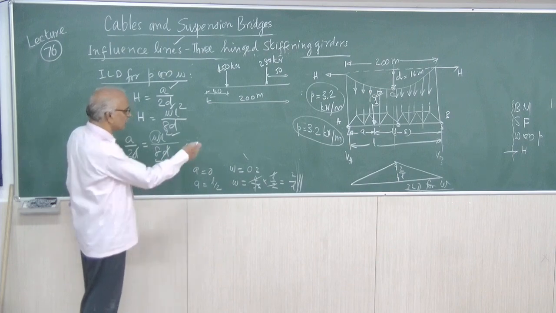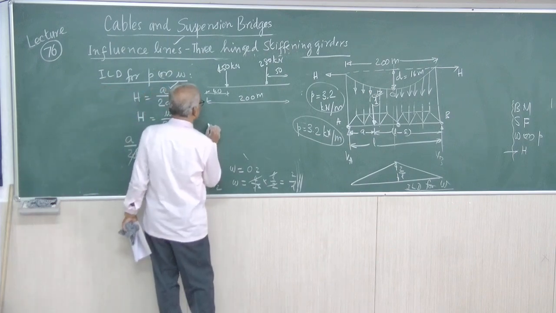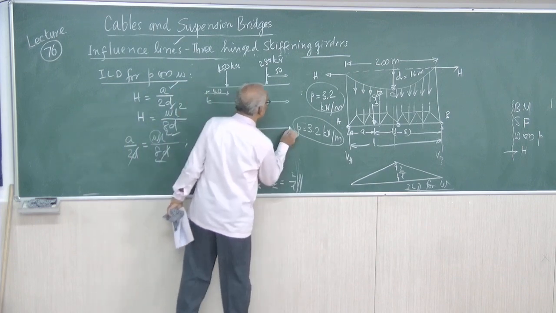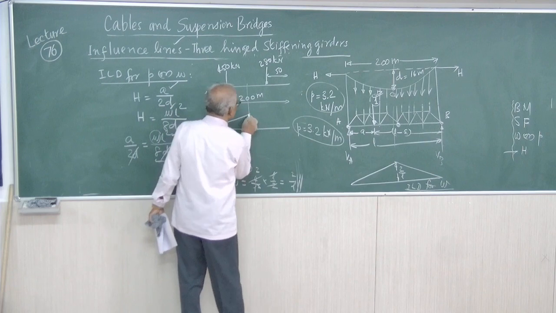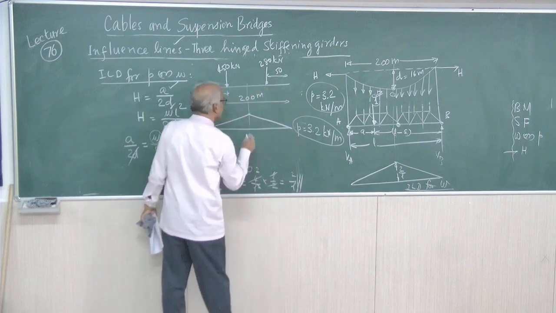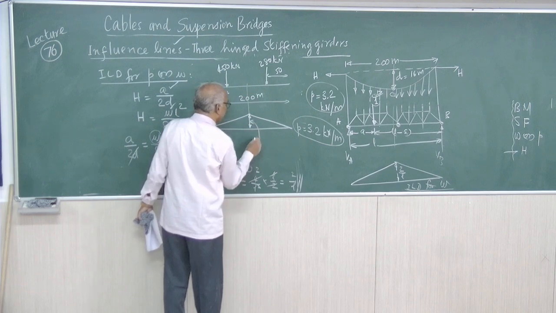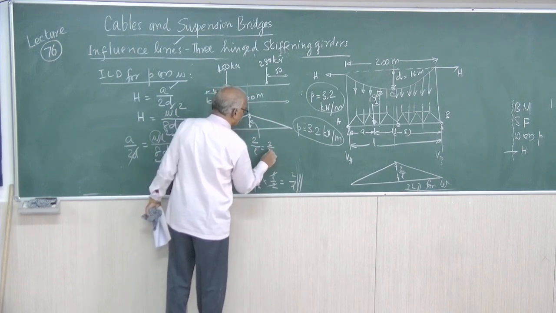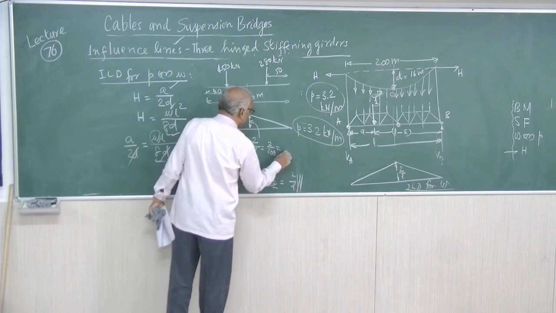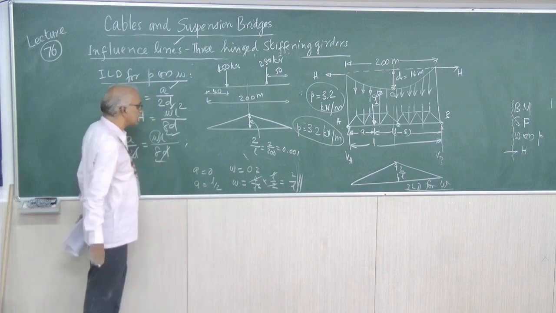Now we will find out the same using influence lines. We know ILD for the UDL is a triangle having a maximum ordinate of 2 by L at the center. So this value here is 2 by L equal to 2 by 200 equal to 0.01, 1 by 100, that is the ordinate.